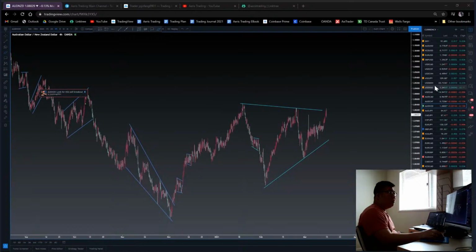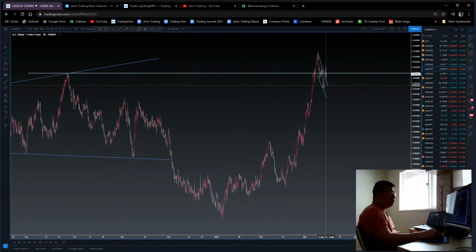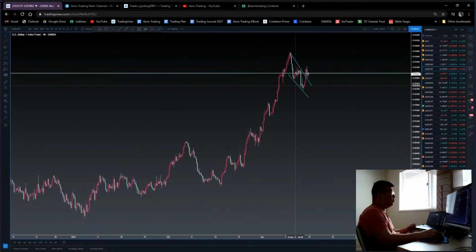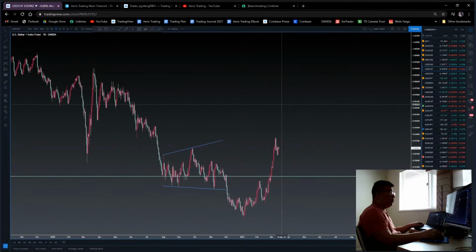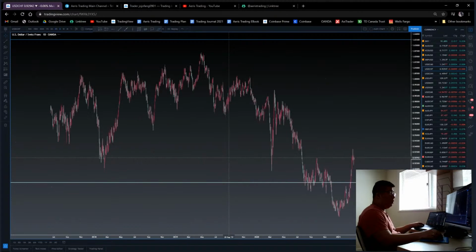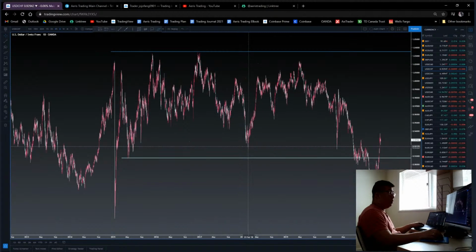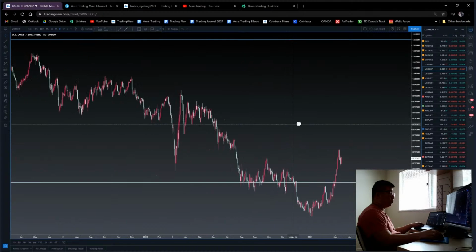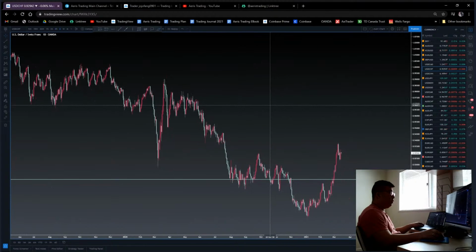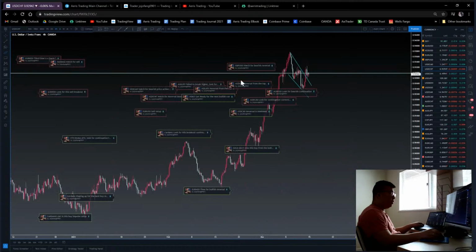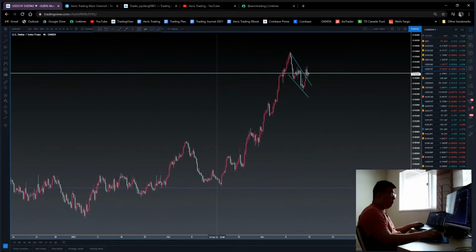Dollar Swiss, sure. So this is kind of what I see on Dollar Swiss, and really it has been pushing up very, very impulsively. I was originally looking at this as a short for previous structure, but let's just continue to understand what the price is doing, right?